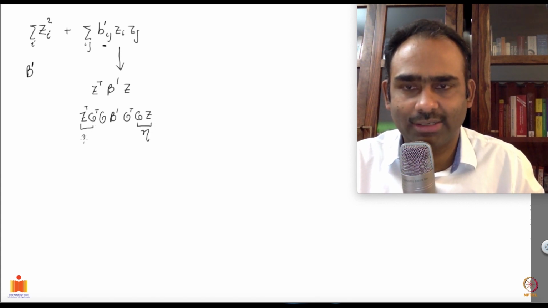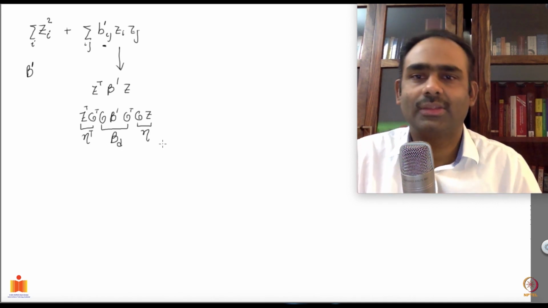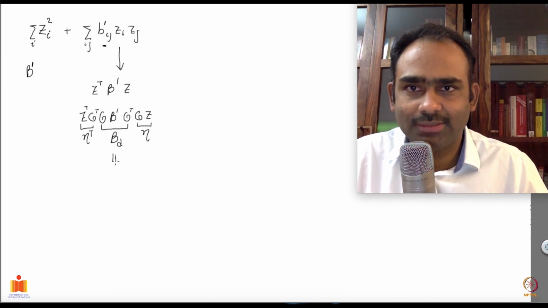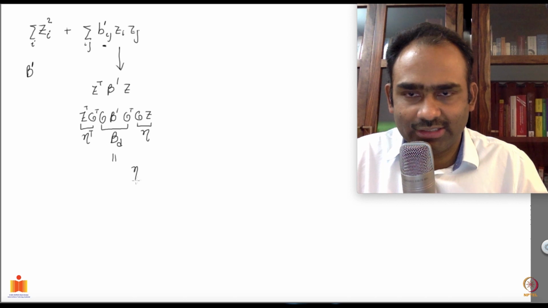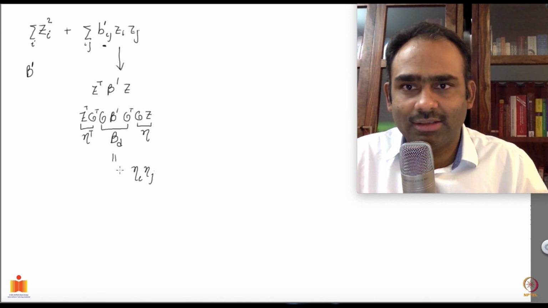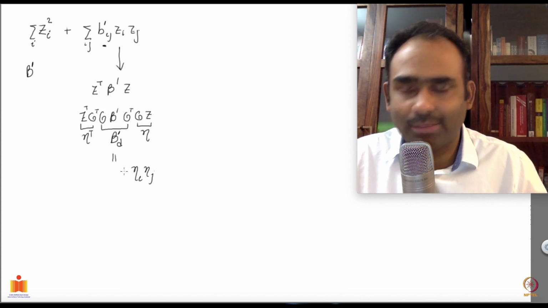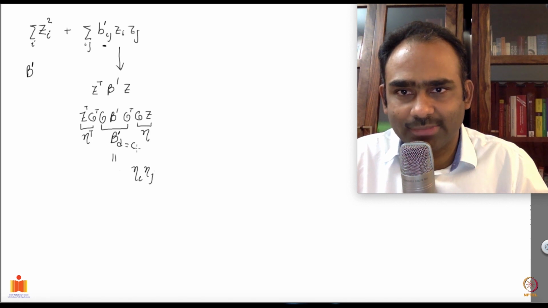This will be eta transpose, and this will be your b diagonal. So this piece becomes eta i, eta j times b prime diagonal, which I want to call matrix C, whose entries will be Cij.